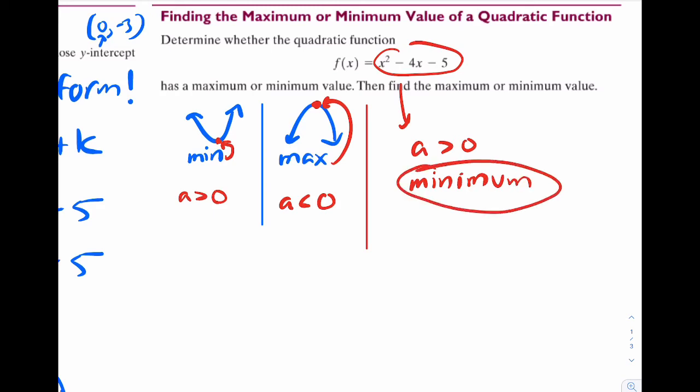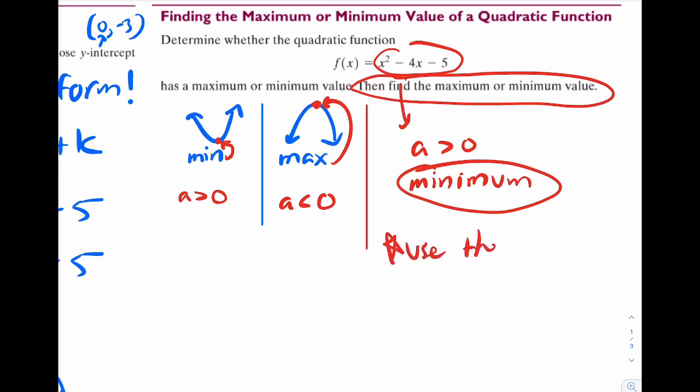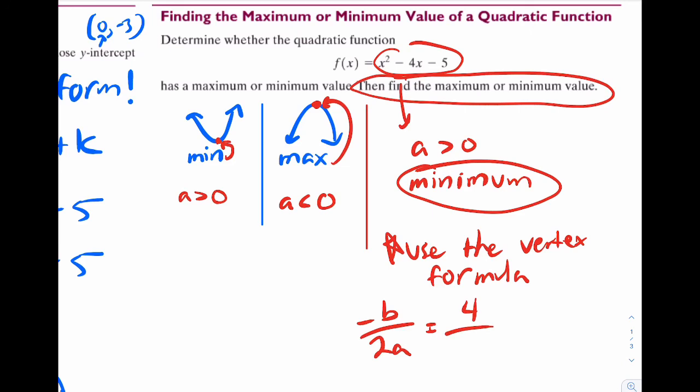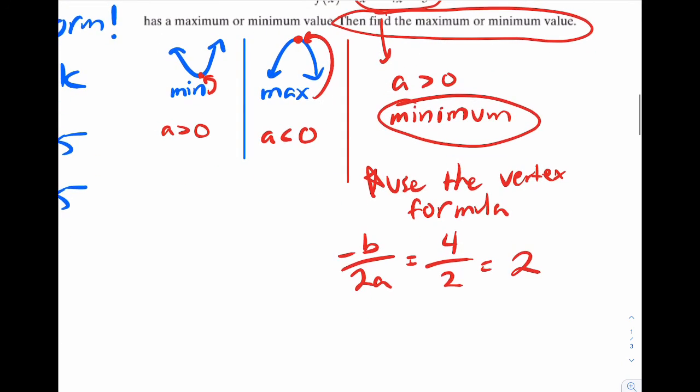Okay, so I'll circle that. But now it says actually find, right here. It says find the minimum or maximum value. So to do that, we're going to use the vertex formula. So that's simply -b over 2a. So I'll plug it in. That's 4 over 2, which is 2.